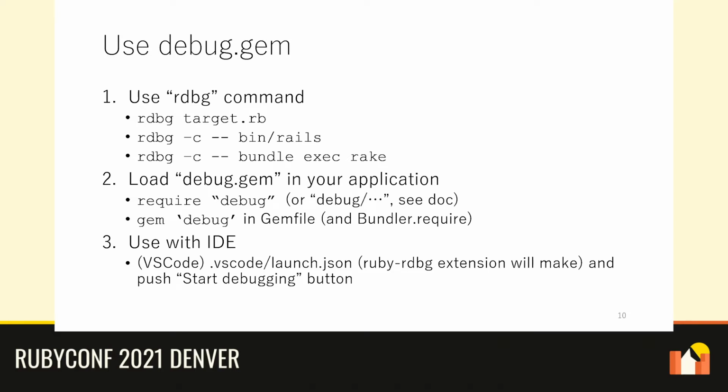Fortunately, the Ruby RDBG extension I made creates a default setting, so you don't need to see the details. After that, you only need to push the Start Debugging button to start debugging with debug.gem.